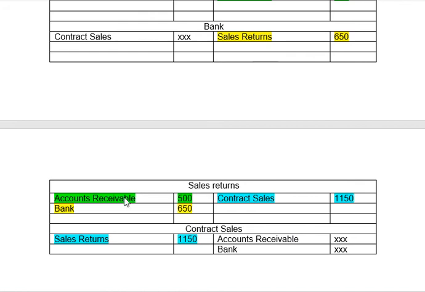Once you've made all of your cash and credit returns for the month, we're going to add the total together, and the total of the returns will be sent back to the contract sales account. So 500 was a credit return, 650 was a cash return. Total returns was 1150. So we'll send that total of 1150 out of the contract sales account. The total return was worth 1150.